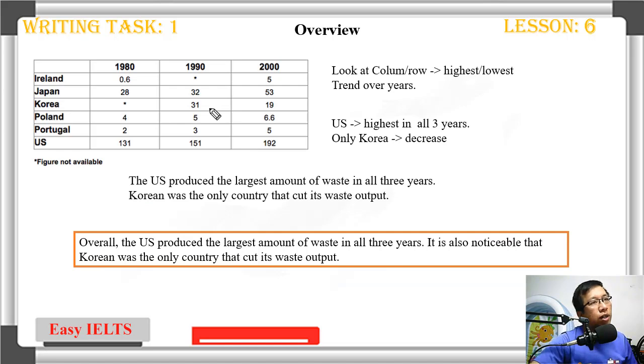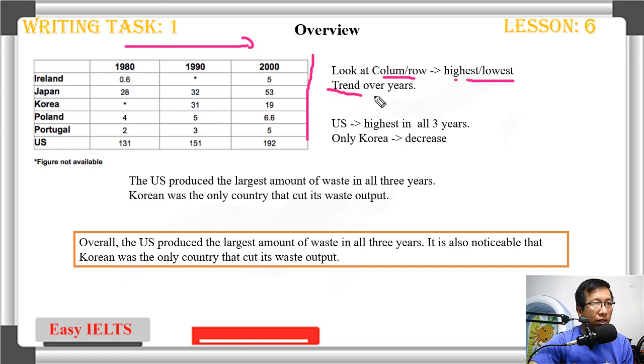For the overview, again, if we have a table, we'll look at column and row to see the highest, lowest number. And because this is changing over time, we also look at the trend. Okay, we look at the column first. This column, this number is highest. This column, same. This column, the same.